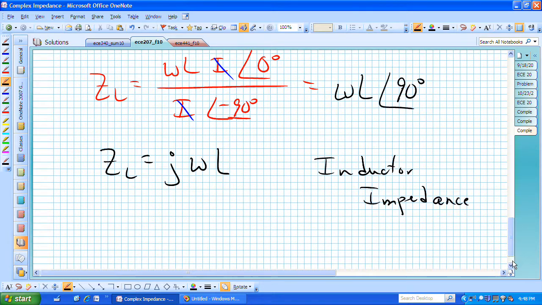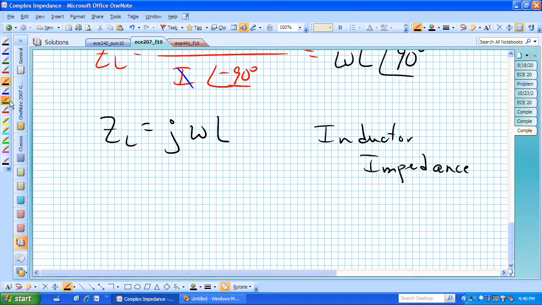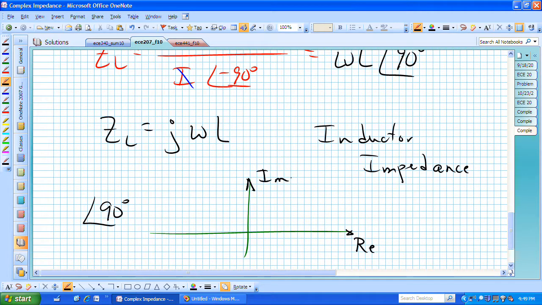All you have to remember relative to how did we get J omega L from omega L at 90 degrees, remember that 90 degrees in this complex plane, if this is our real part and here's our imaginary part, has a magnitude of 1. We have a magnitude of 1 at 90 degrees.